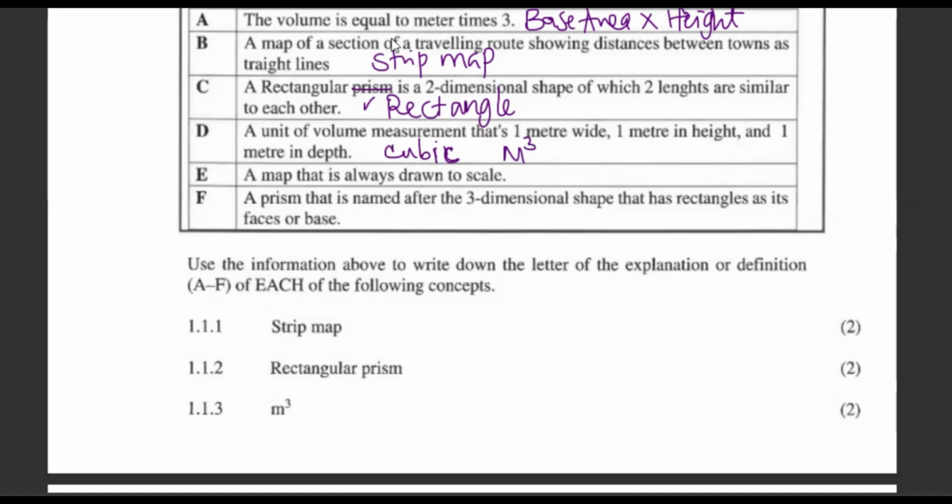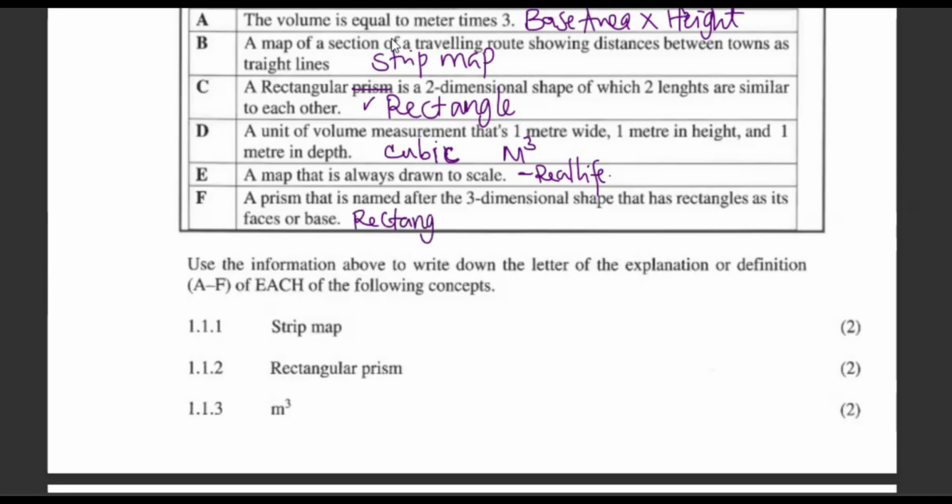A map that is always drawn to scale. A perfect map. Okay. A prism that is named after the three-dimension shape that has rectangles as its faces or bases. Yeah, this is a rectangular prism.